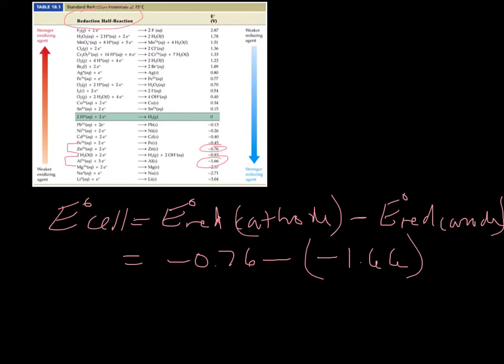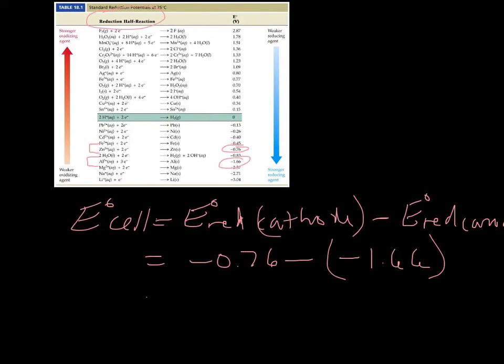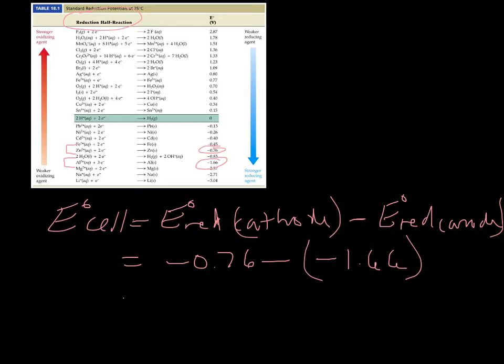So again, we just keep them as is. We do not flip them if they're given to us in this format. And you have to check that you have a positive answer when you do this, and of course we do. We get 0.90 volts.